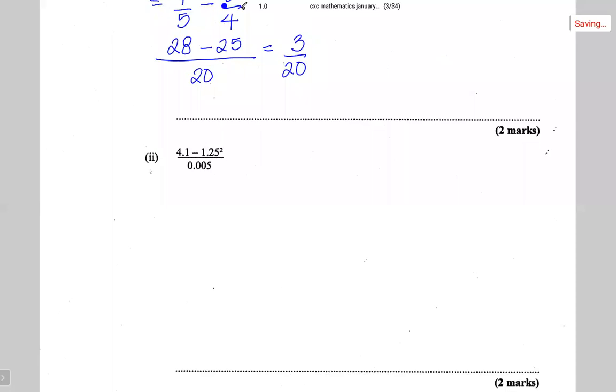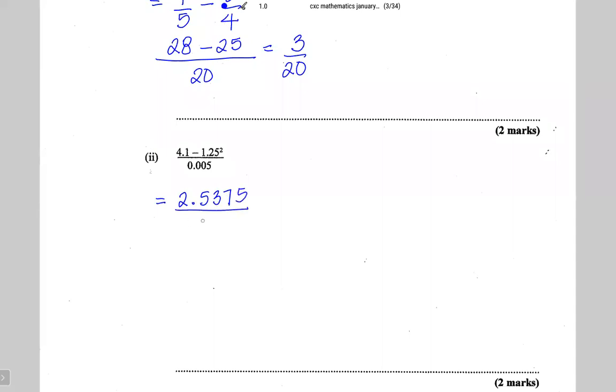So working it out, I could do it by pieces, or I could just go straight and put 4.1 minus 1.25 squared in my calculator. And the calculator says 2.5375.